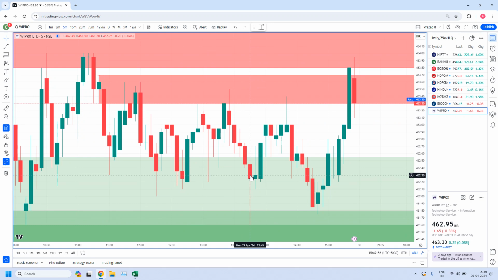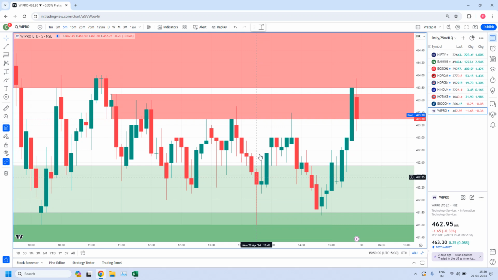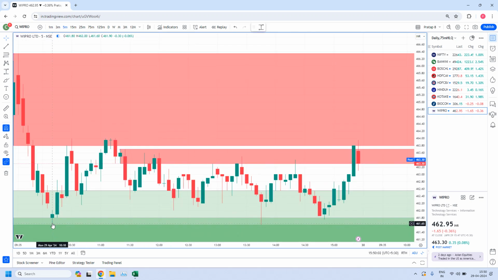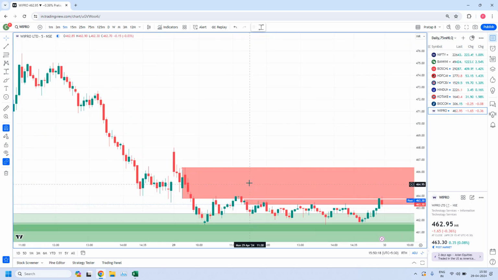This is also 461.60. And see the rejection from here. Even here, see the rejection and continuation, again see the move. Here in a single candle, the strong rejection. That means there is a very, very strong order flow institutions kept in this area.